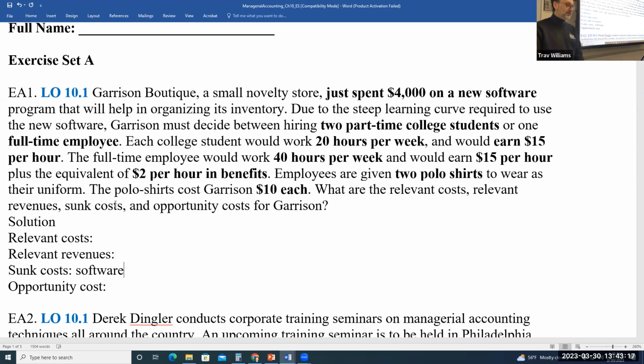On the other hand, as somebody pointed out in the similar example, this $2 per hour in benefits, that is relevant, right? Because the part-timers don't get the benefits. So if they hire the 2 part-timers, that's going to save them $80 per week. So relevant cost is the benefits of $80 per week.